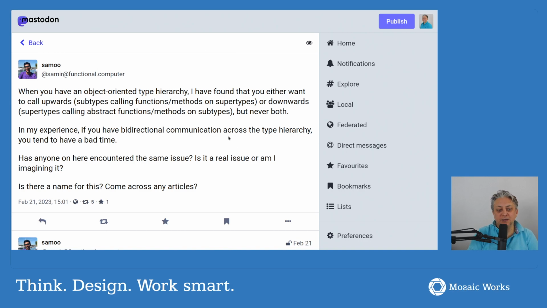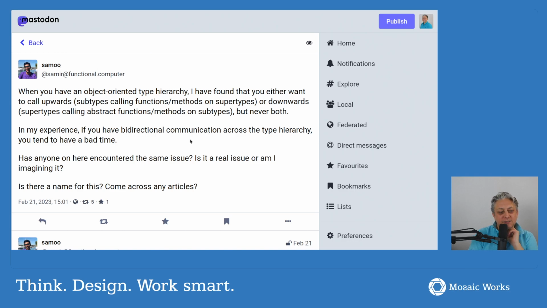And already it's interesting because of the way he was stating the problem, about subtypes calling methods on supertypes, or supertypes calling abstract methods on subtypes. And I think he mentions later on that it's more about a kind of functional style of programming, which is, I guess, why there are these problems with inheritance.